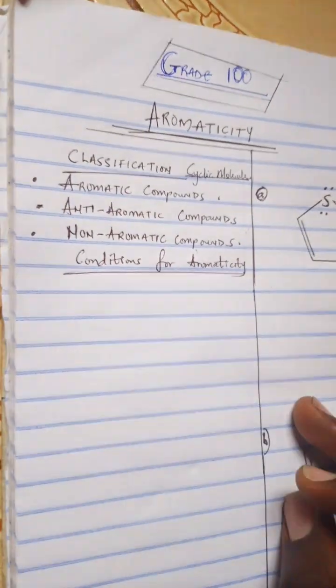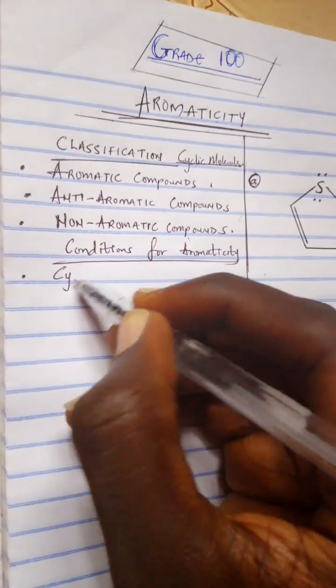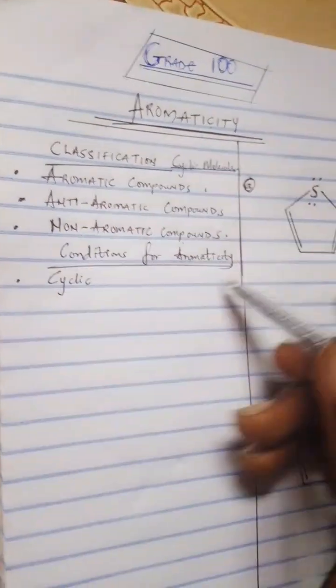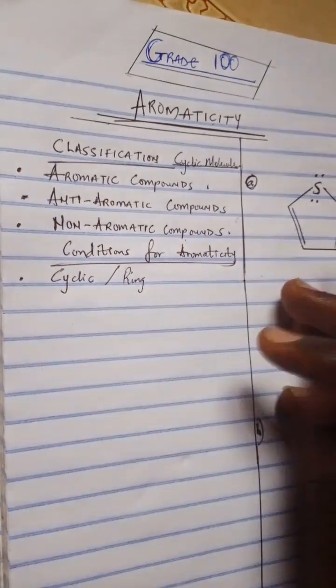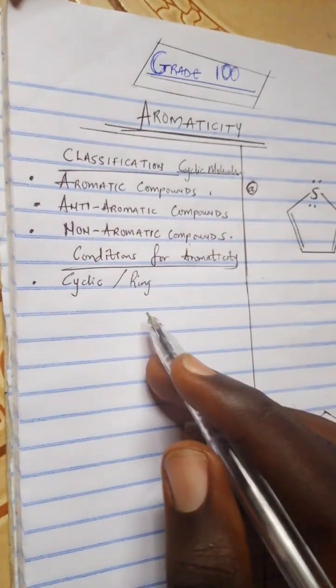The first one: the compound must be cyclic in nature. That is, it must have a ring-like structure, or perhaps benzene-like structure, if not benzene.